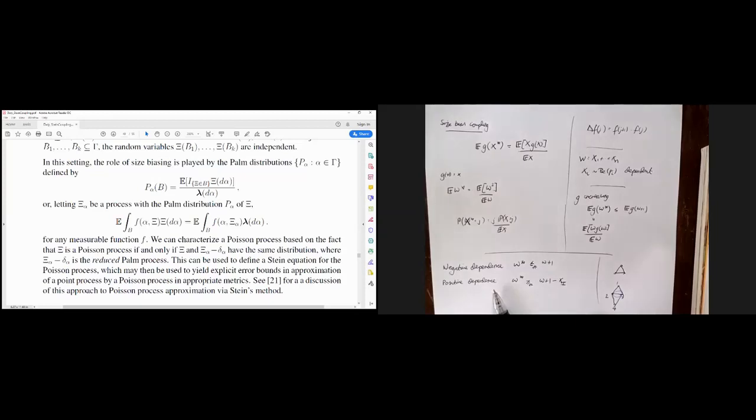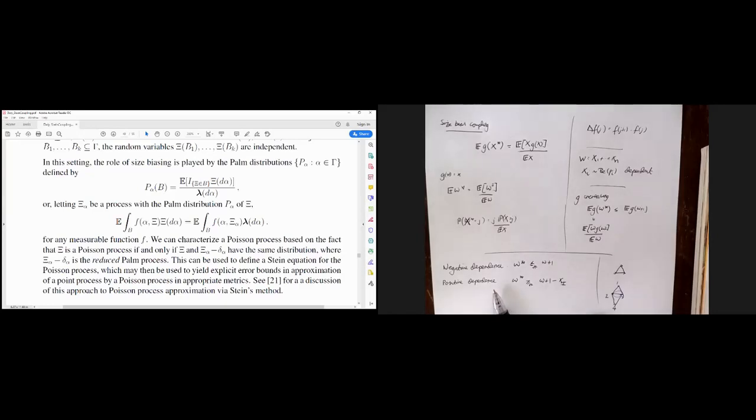So, any more questions? I still have this question about positive dependence. It still kind of bothers me that the Poisson distribution means the size bias transformation is, in distribution, like W plus 1.